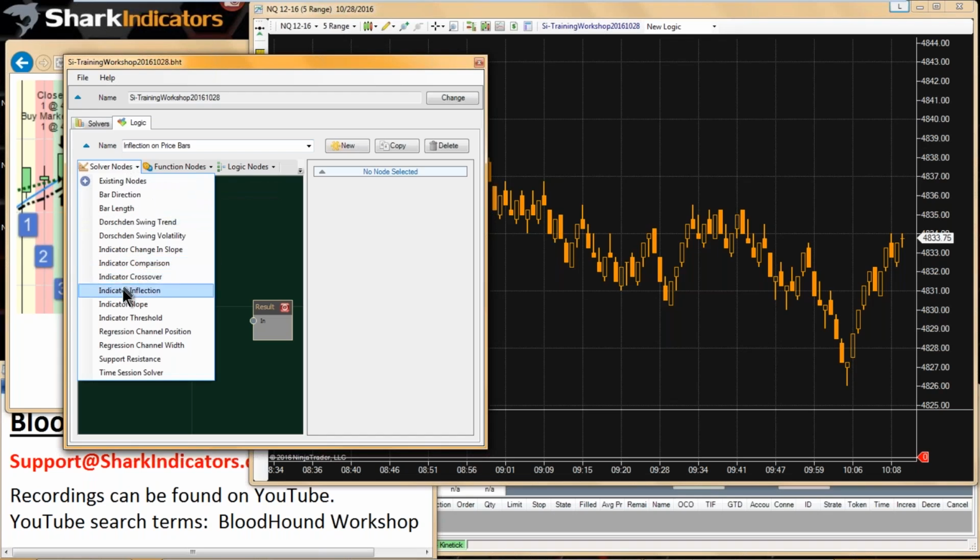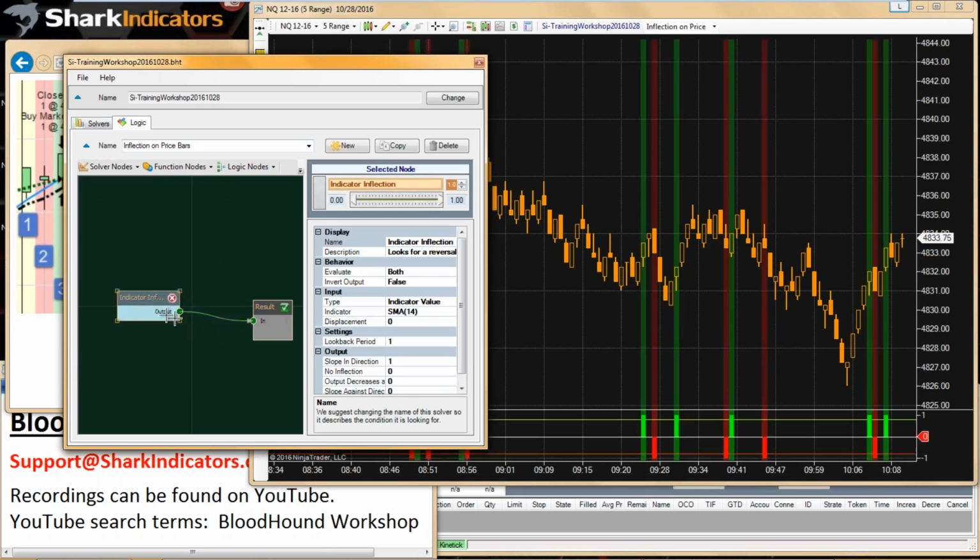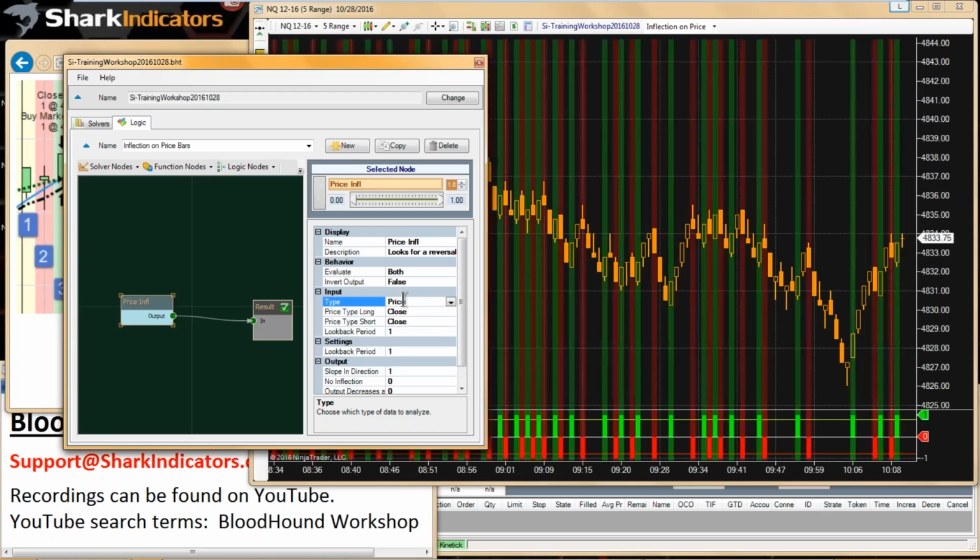Let's grab an inflection solver, and let me rename this here. All right, and we'll set the type to price. So what we're doing is we're looking at the inflection of the closing price. That has nothing to do with the body of the bar.